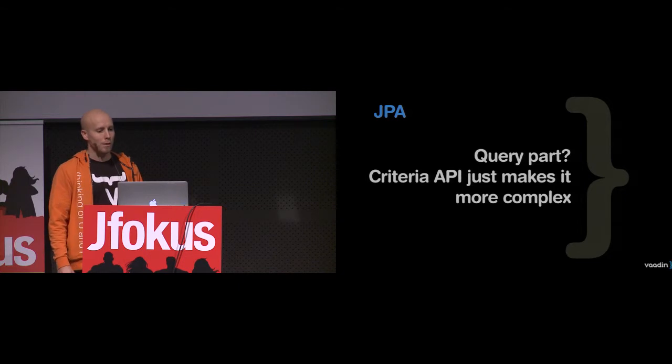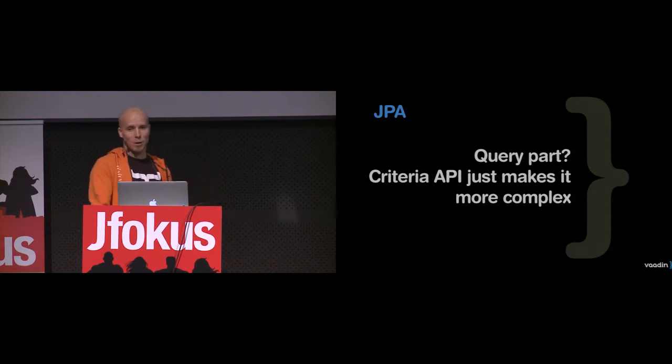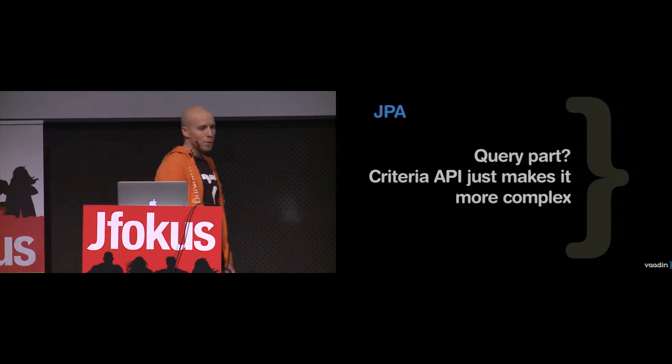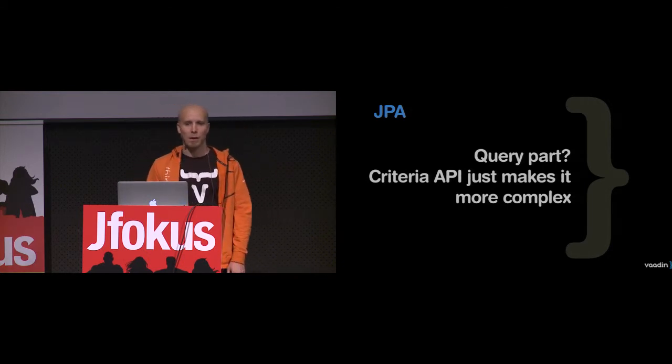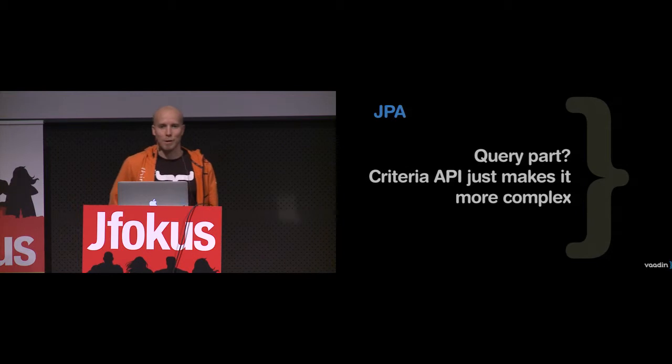I like object-oriented programming quite a lot, and the criteria API is of course a small enhancement to the JPQL query, but actually I think it makes your code quite complex. If you look at some criteria API queries that you have built, it's almost impossible to interpret those. You will need to spend quite a lot of time refactoring your criteria query builders so that you can maintain and modify them in the future.